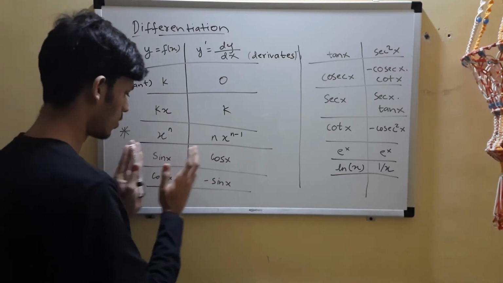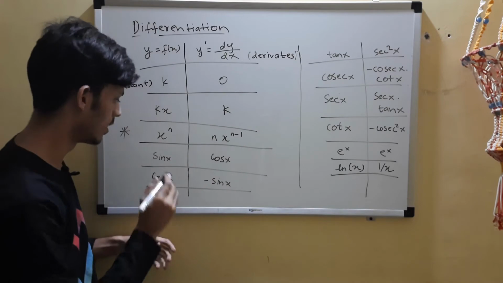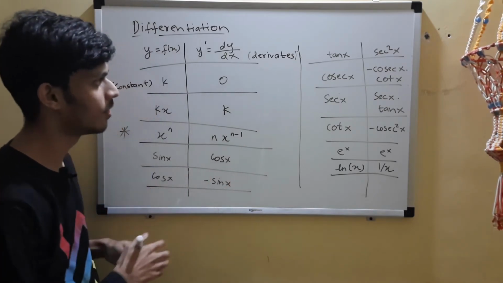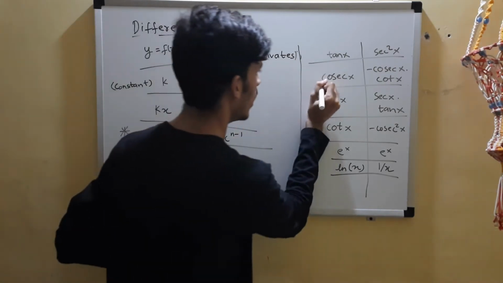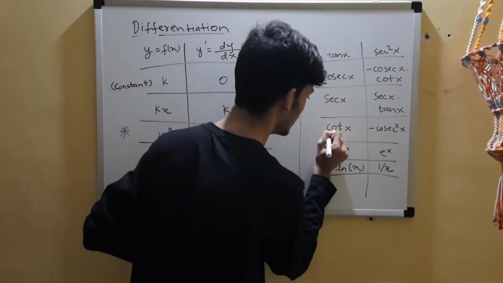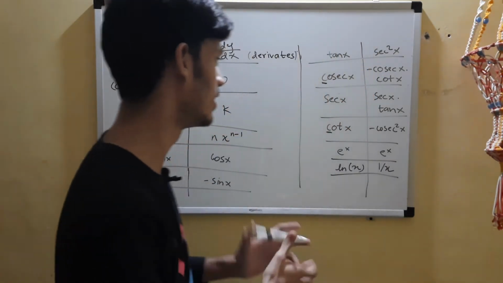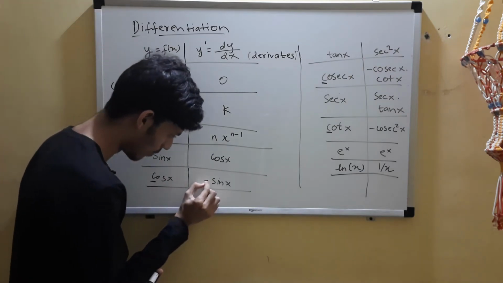Sine is cos, cos is, now I will provide you tips to remember this. Sine is cos, that you remember. Now whatever the trigonometric functions, our teacher used to say C is allergic to differentiation. So this allergy is shown in the form of a minus sign.